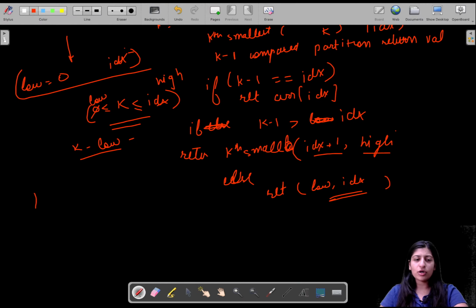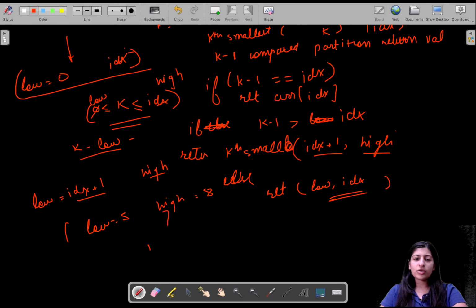But if your low is idx plus 1 and high is high only, in that case you need to manipulate your k, because now you are within this window where let's say your low is 5, your high is 8, and your k is 7.